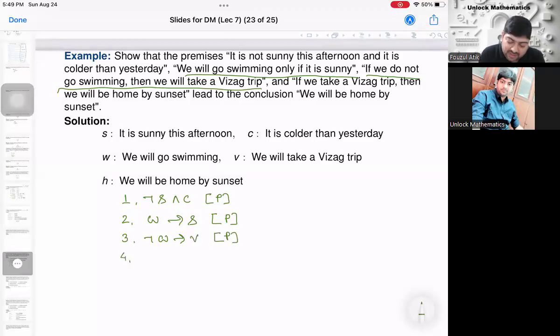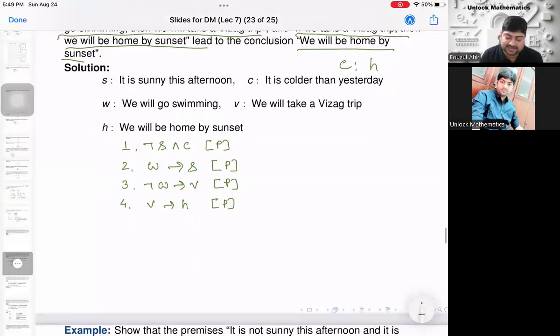Then number 4, if we take a Vizag trip, then we'll be home by sunset. It means V imply H. So these 4 are given as premises. And then what is your conclusion? Your conclusion is we will be home by sunset. So you have to prove that your conclusion is home by sunset, which means you have to extract H from this. So how do you do that?